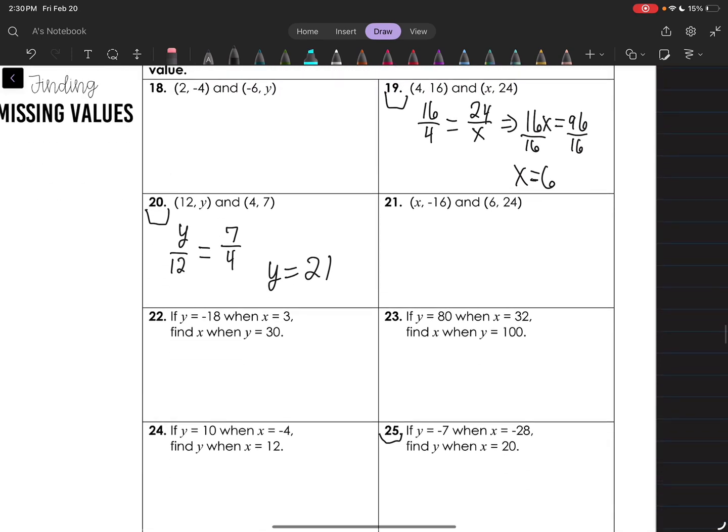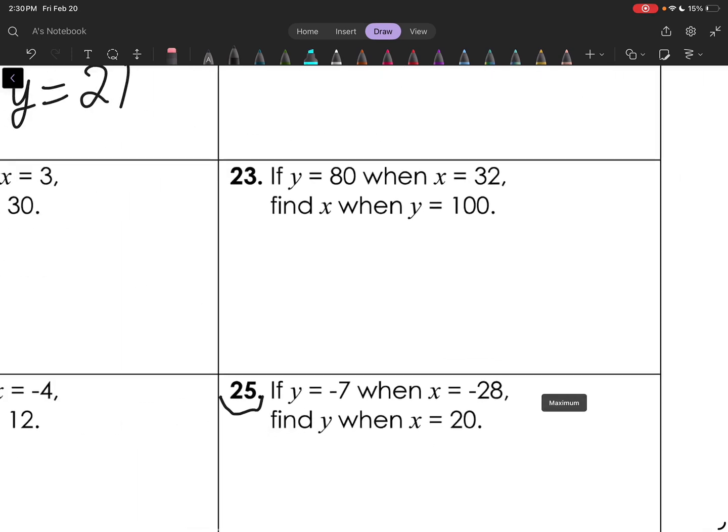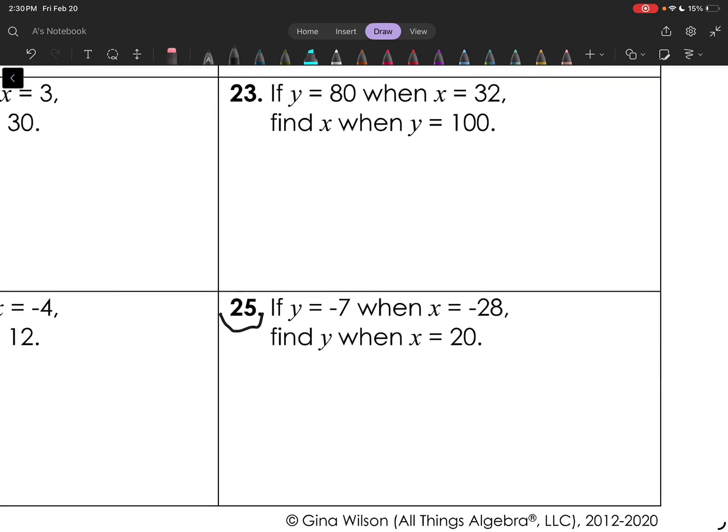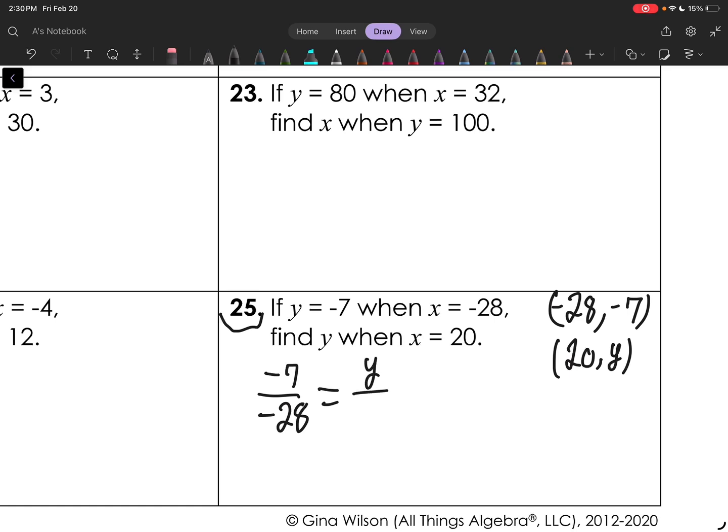Now we can do this as points, or we can do this in words. So if y equals negative 7 when x is equal to negative 28, I'm going to write this out as a coordinate, negative 28, negative 7. The only reason I do this is to make it a little bit easier for me to see. Find y when x equals 20. So 20 and y. Negative 7 over negative 28 equals y over 20.